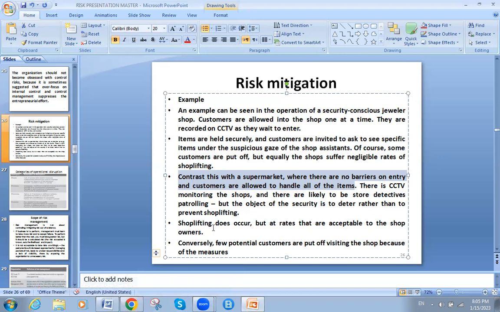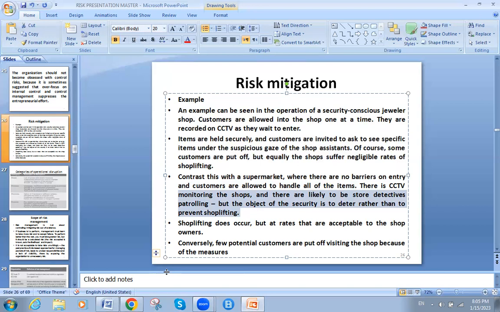There is CCTV monitoring the shop, and there are likely to be store detectives patrolling. But the object of the security is to deter rather than to prevent shoplifting. So the security is just there to check and find out if something was shoplifted or not.